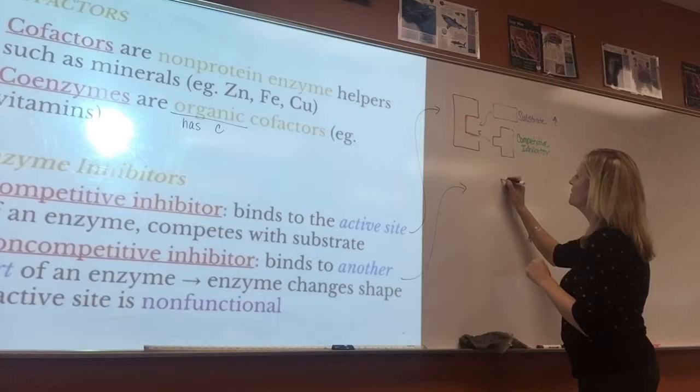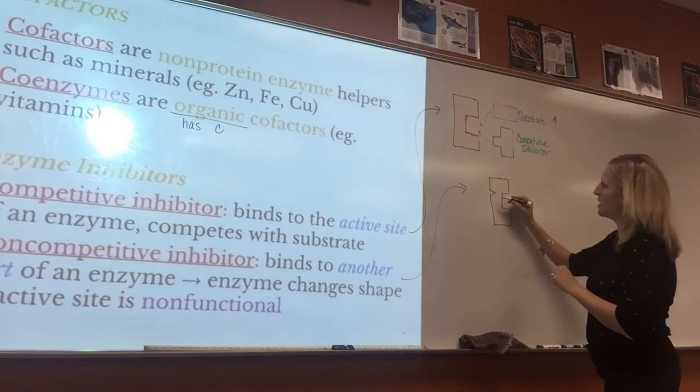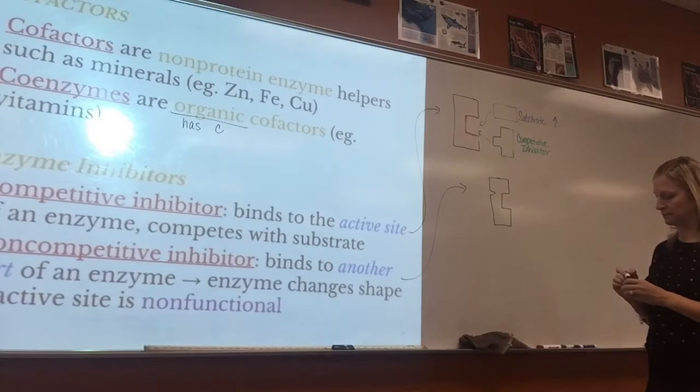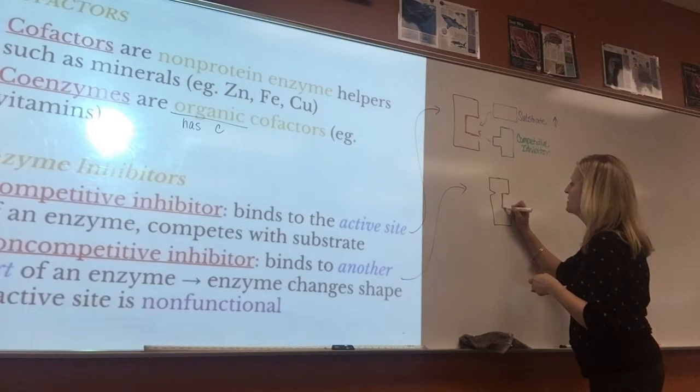So here is your enzyme, here's your active site, and then I'm going to draw another site separate from the active site here. This is still the active site of your enzyme.